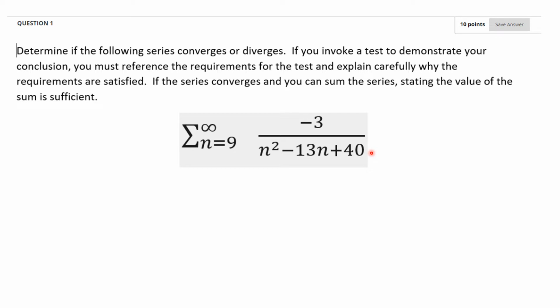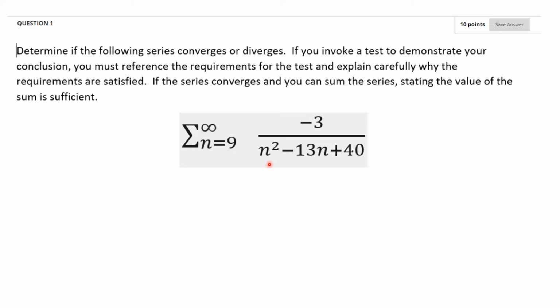Some students wanted to do a ratio test, and you can do that, but it's tricky because if you're comparing this to 1 over n squared, you can't use the limit comparison test because these are negative. So what you had to do was argue carefully about this denominator and its relationship to n squared.